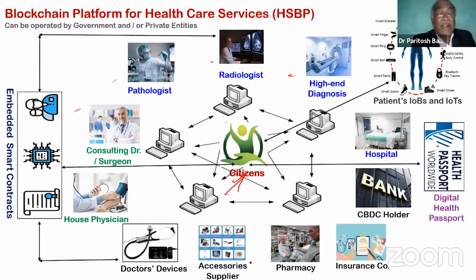Maybe dentures are required, or it could be possible that he requires certain stainless steel rods for a surgery. So these accessory suppliers can be linked, and finally the doctor's own devices can be linked.